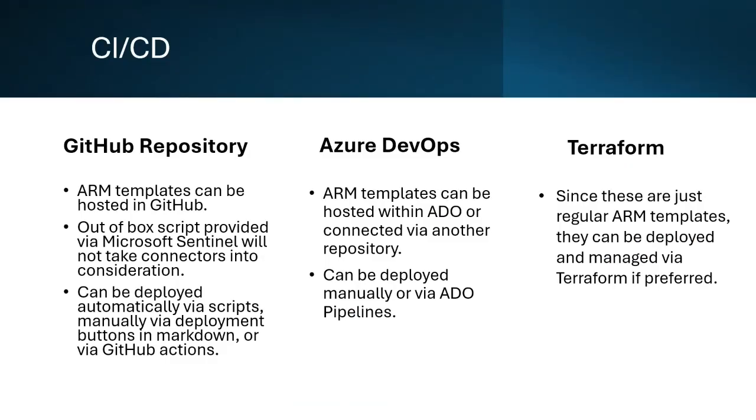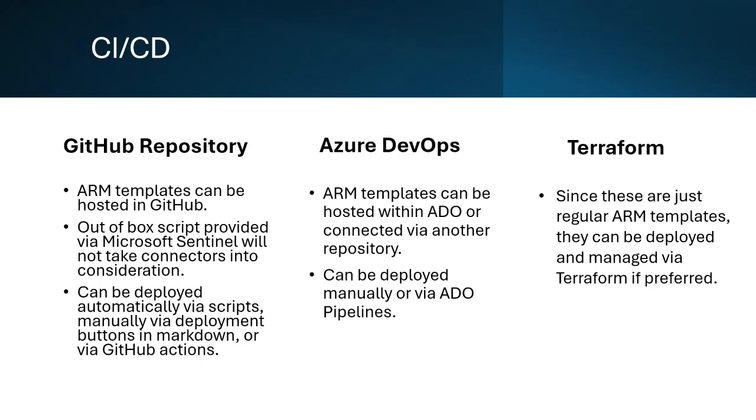If you are a large organization or an MSSP and you want to potentially build, manage, and roll out Codeless connectors through CI/CD, you do have a couple of options today through GitHub. You can host your templates there and deploy them through GitHub.